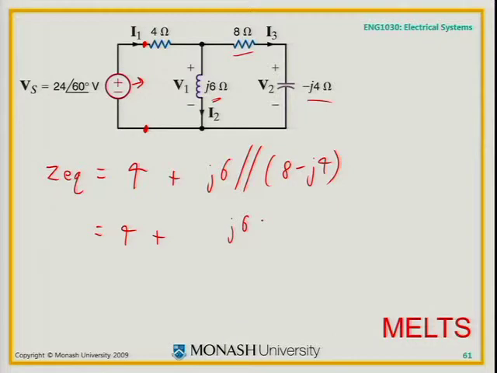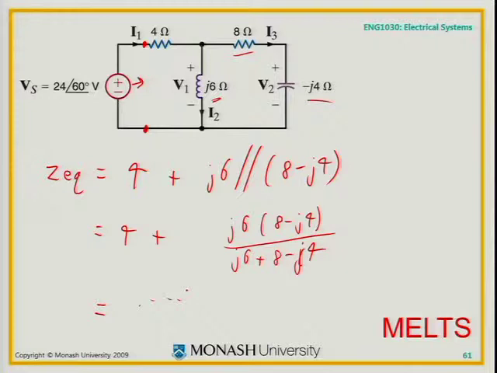So it would be J6 times 8 minus J4 on J6 plus 8 minus J4. And then maybe your calculator will do it, or you can work away, rationalise the denominator, whatever your favourite technique is, and you can get your answer.